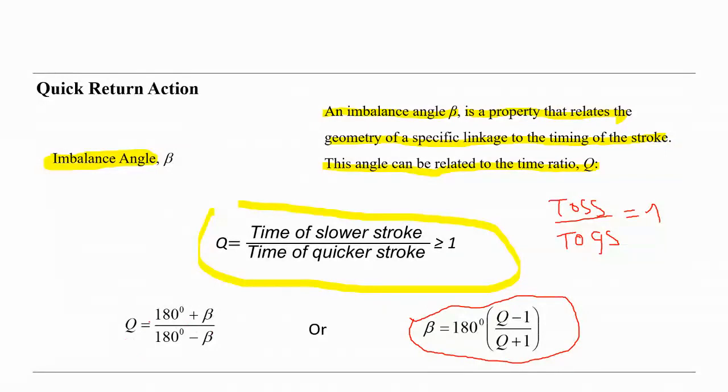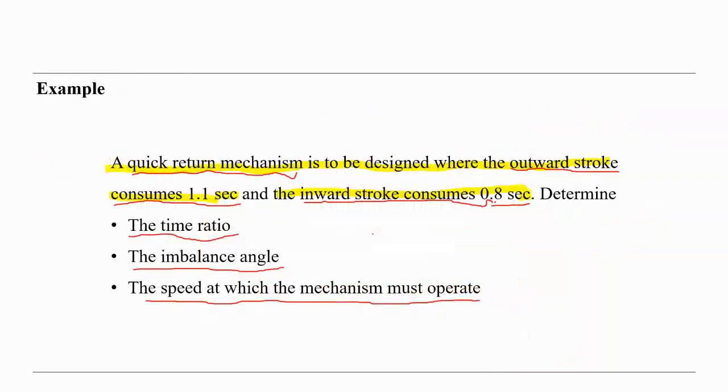So we know the Q. Q is the outward stroke over the return, which must be quick: 1.1 for outward and 0.8 for inward.